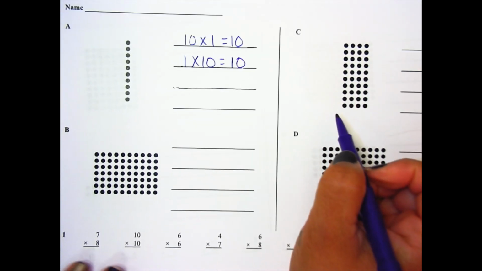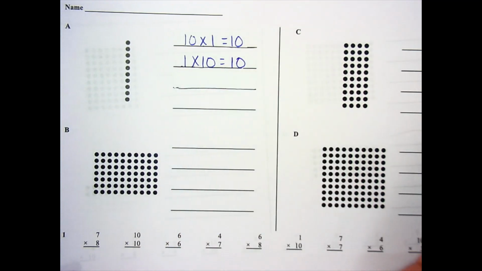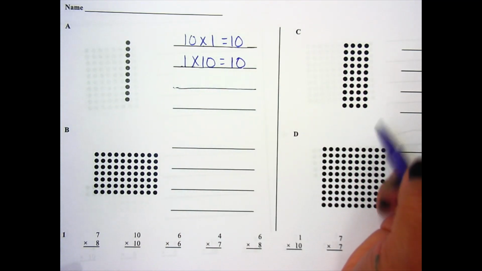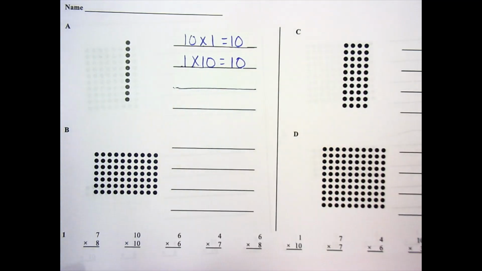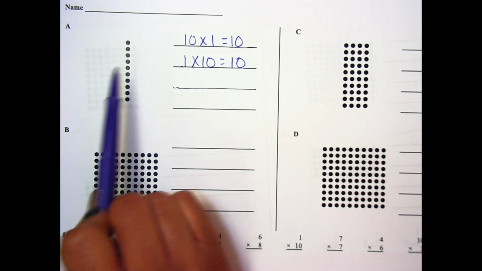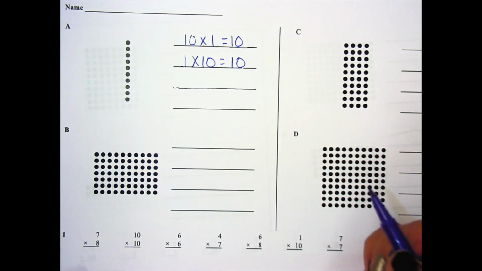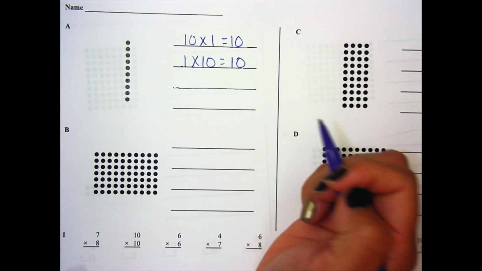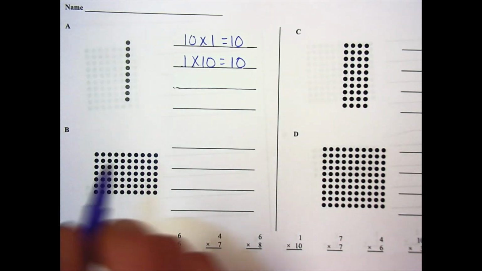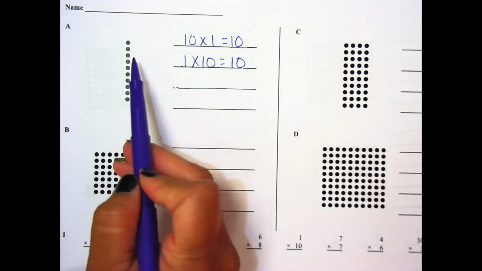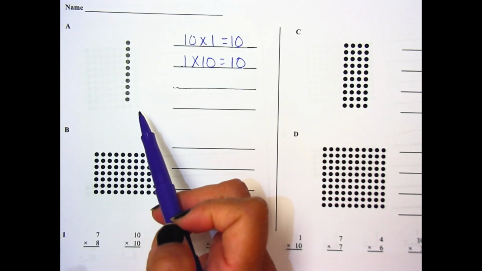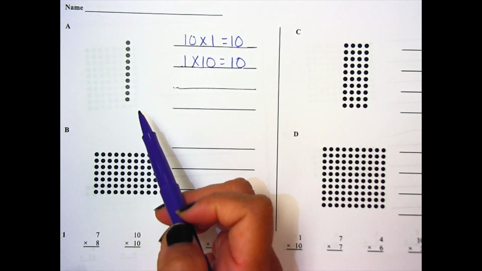Now we're going to write our division number sentences. So if we look at our array, how many do we have in all? 10. So 10 is called the dividend. How many rows do I have? Well, I have 10 rows. The number of rows is the divisor.